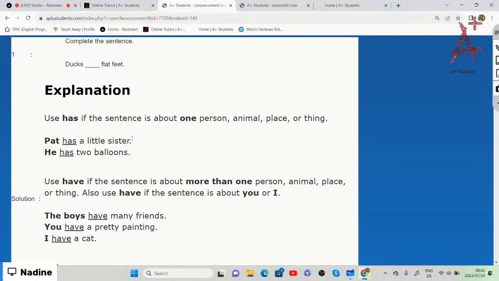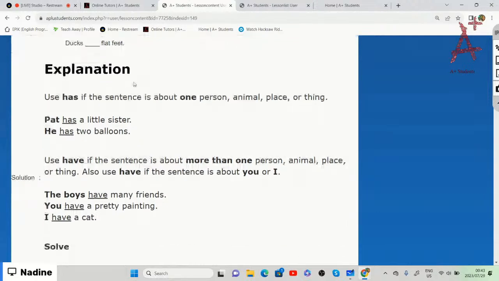The boys have many friends. You have a pretty painting. And I have a cat. And has is: Pet has a little sister. He has two balloons.